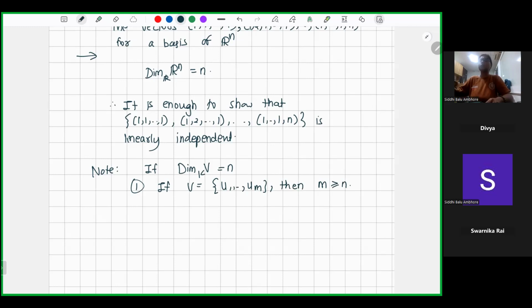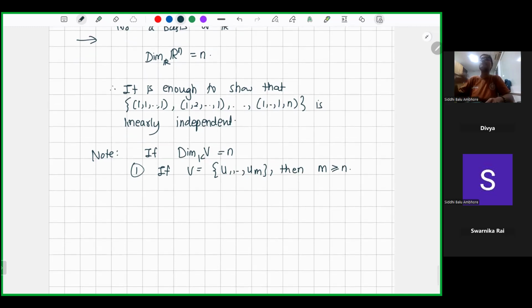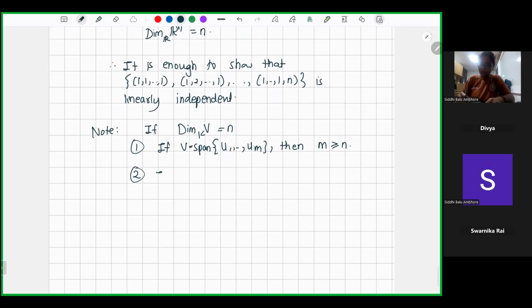Okay, any smaller set of cardinality less than the dimension can never generate my space. Okay, and if u1 to uk is a linearly independent set, then this k must be less than or equal to n.